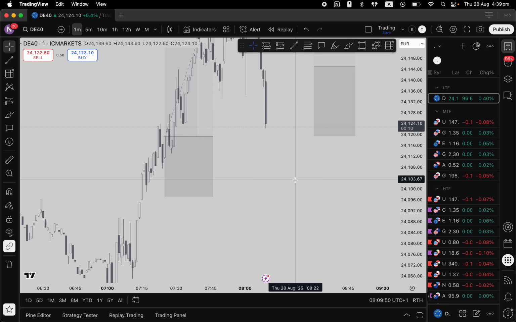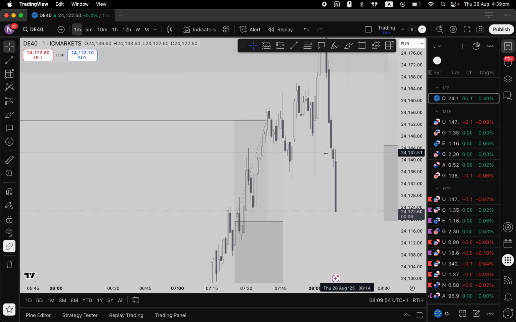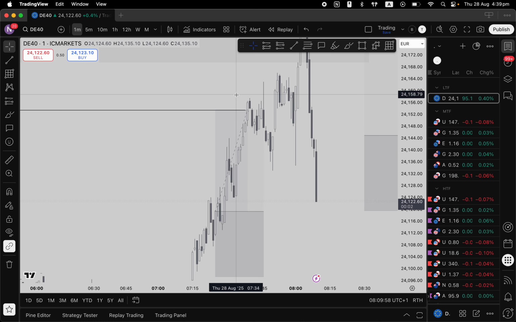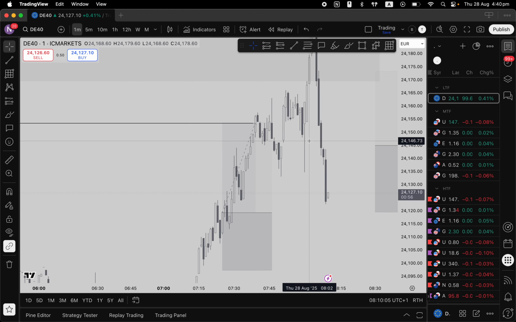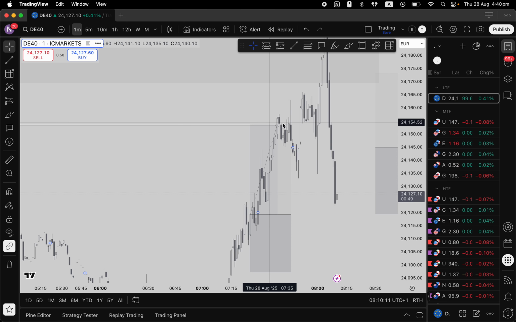So what I do when I'm watching interactions of liquidity is just have my hand on the sell button or buy button, whatever position you're in, and get ready to exit it if you start to see a reaction, because I don't know if the price is going to react from this liquidity.